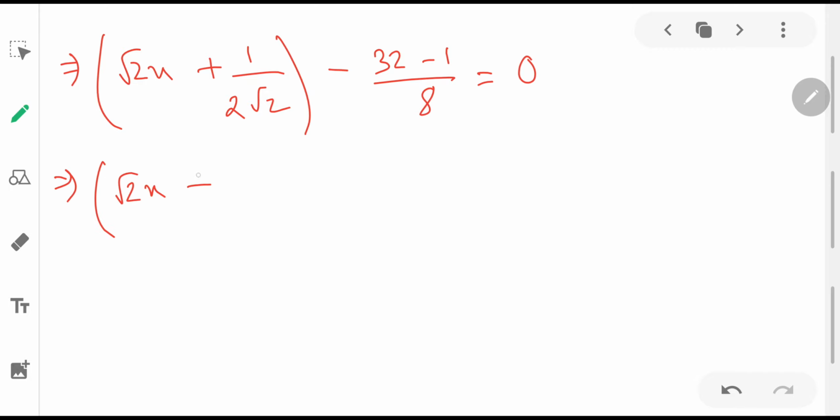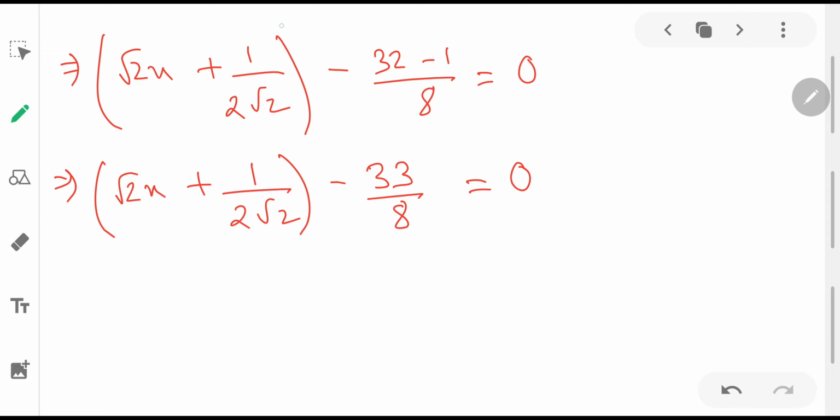(Root 2x plus 1 by 2 root 2) whole square minus 33 by 8 equals 0. As I have already shown in the previous problem, 8 can be taken in square form as (2 root 2) whole square, but 33 we cannot factorize properly, so it will be root over 33.